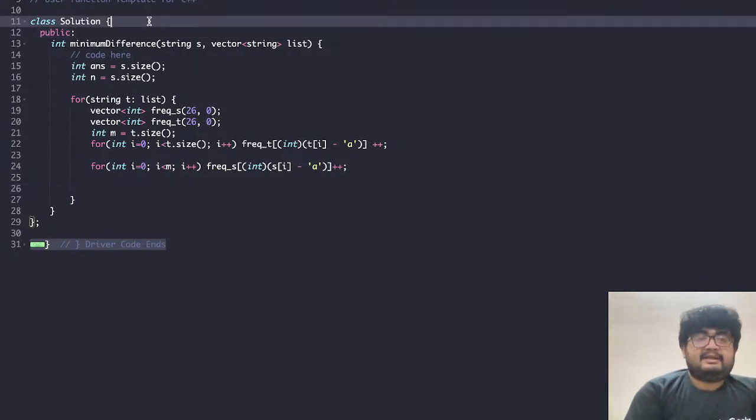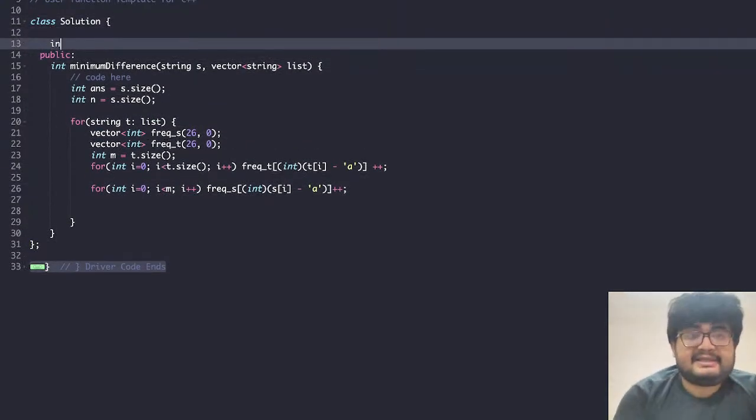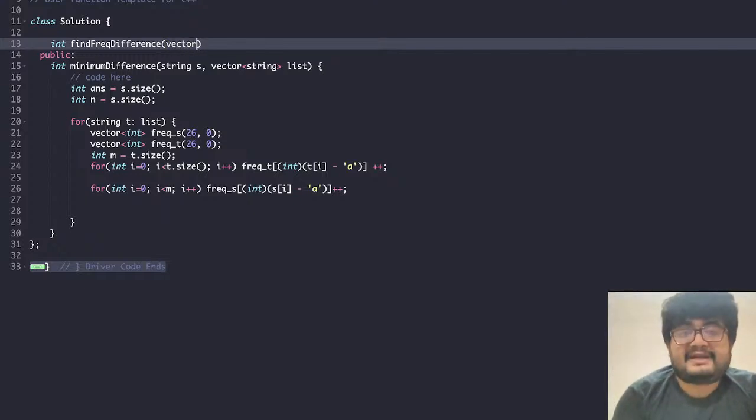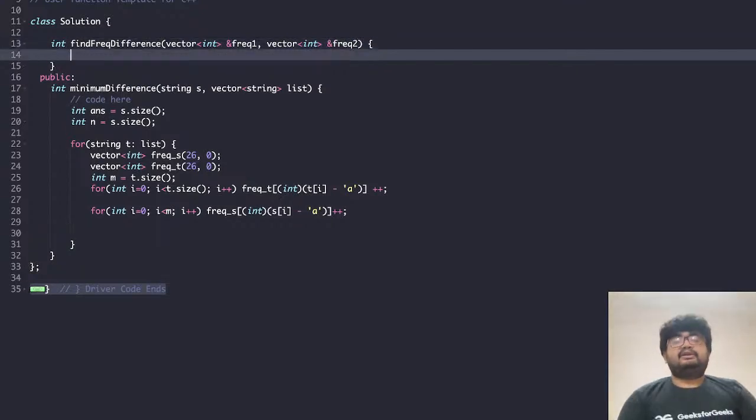Also we'll maintain another private method, int find frequency difference, that will find the difference between the two frequencies. So vector int ampersand frequency 1, vector int ampersand frequency 2.